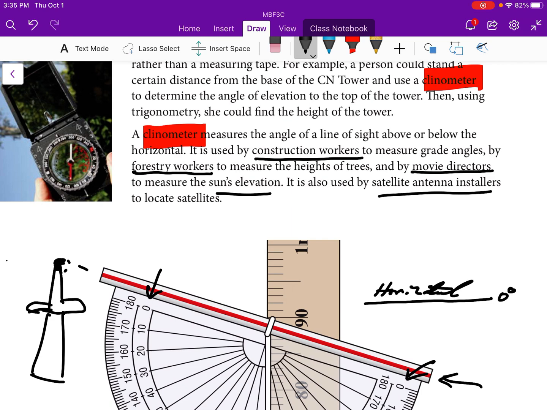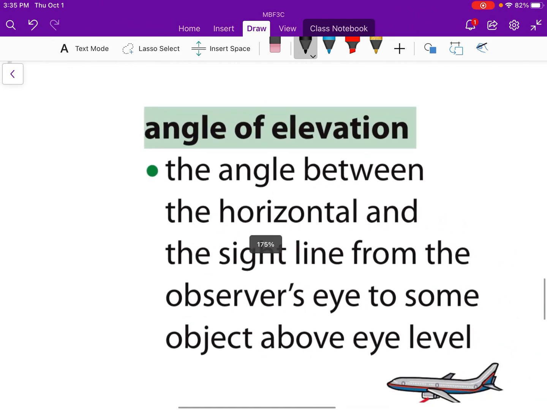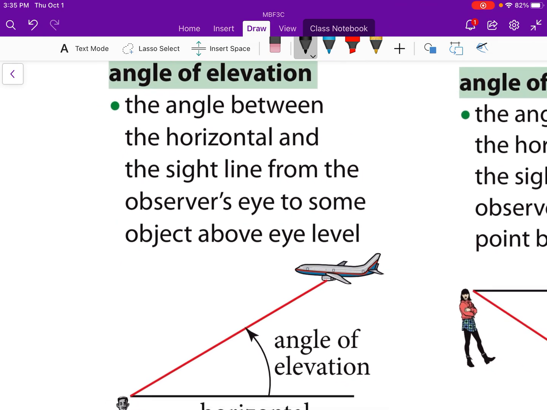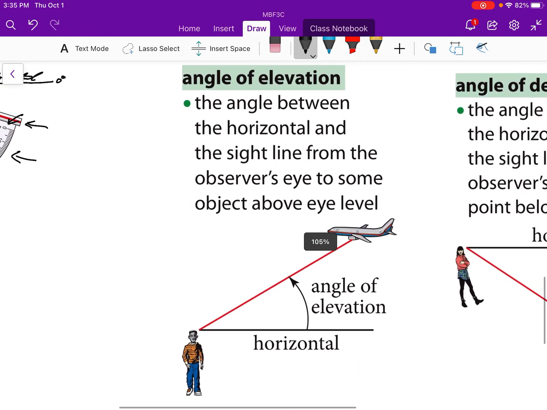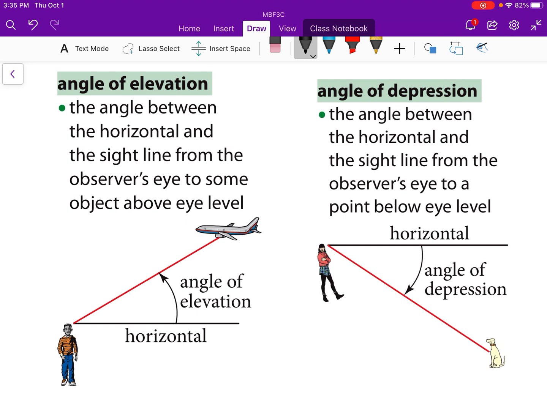All right. A couple of the terms that we need to look at here. First of all, when we're dealing with angles from a horizontal, we call those either the angle of elevation or the angle of depression. All right. Now, as we label the angles, if it's an angle of elevation, you can see that it's from the horizontal going up.